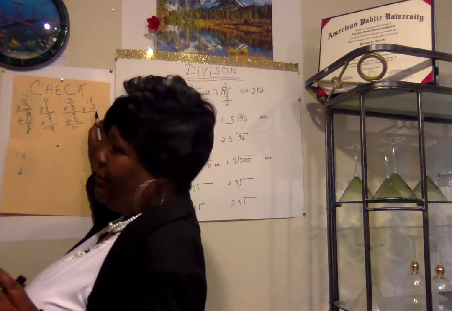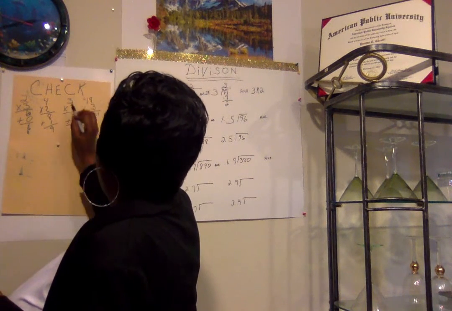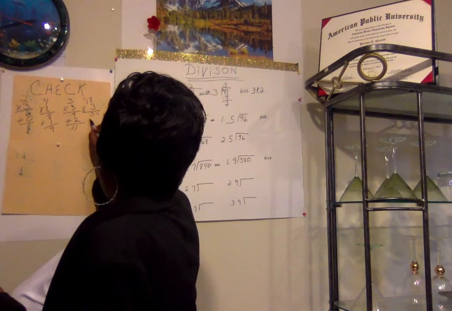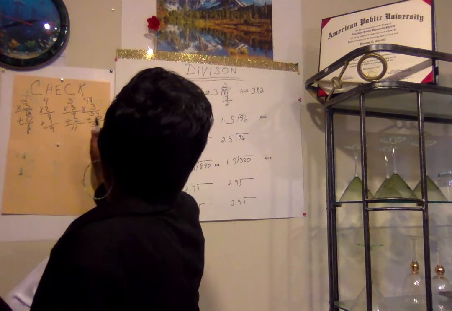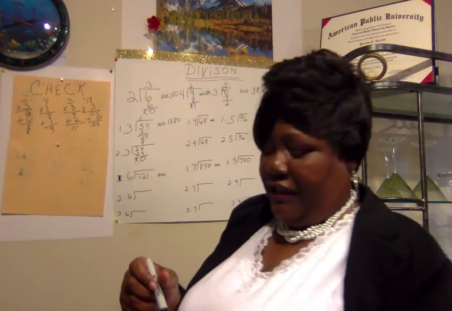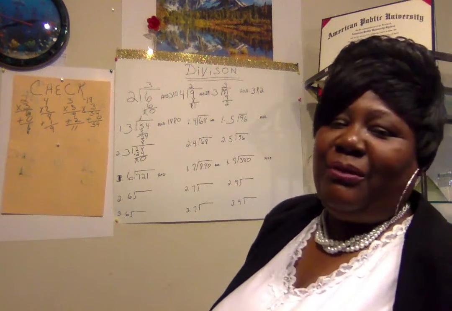And the remainder was 0. So 3 times 8 is 24. 3 times 1 is 3, plus 2 is 5. Add your remainder of 0, and your answer is what? 54. And 54 is the number that you were dividing into. So you know your answer is what?